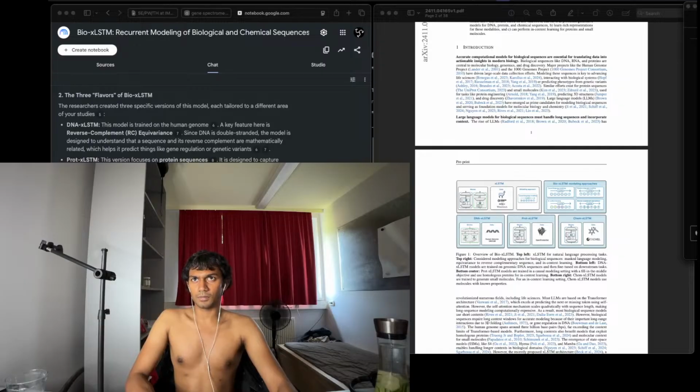It can even perform inpainting, filling in missing parts of the protein sequence. Okay.